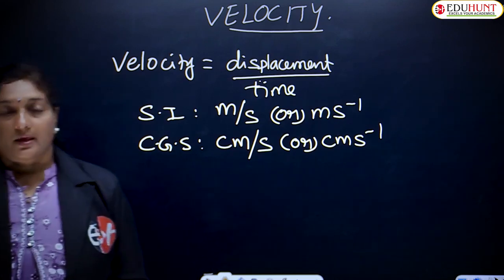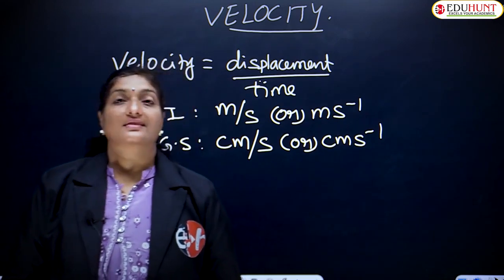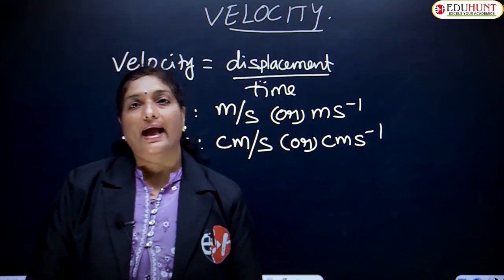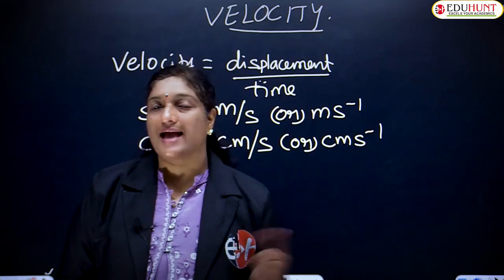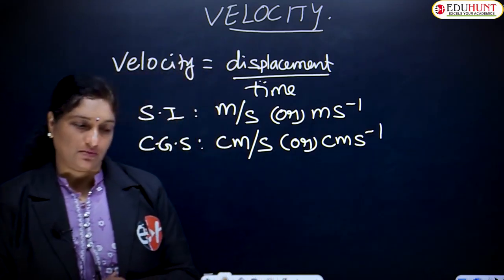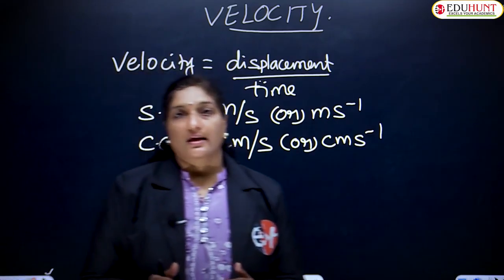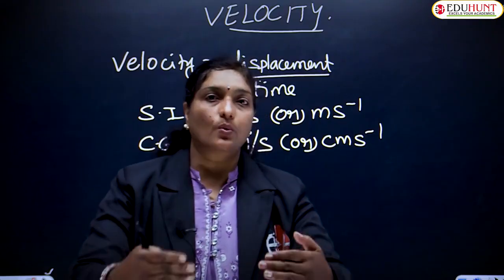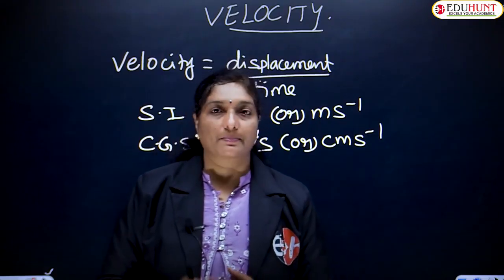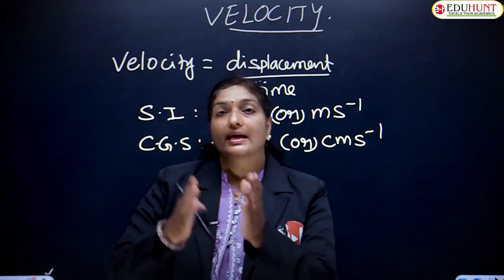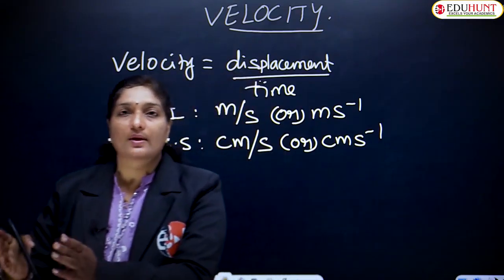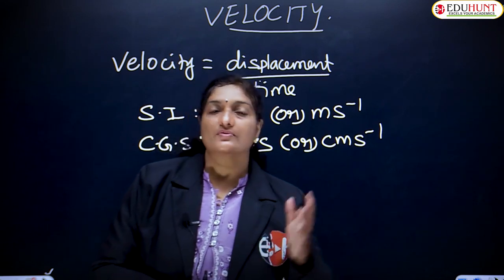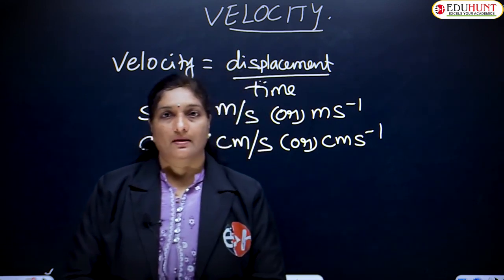Now, regarding the types of velocity, we have uniform velocity as well as non-uniform velocity. Children, if a body covers equal distances in equal intervals of time, I repeat, when a body covers equal distances in equal intervals of time, then we say that the body moves with uniform velocity.